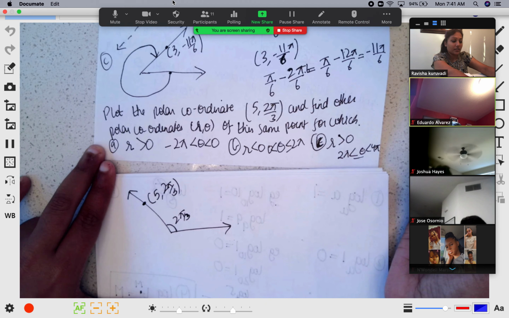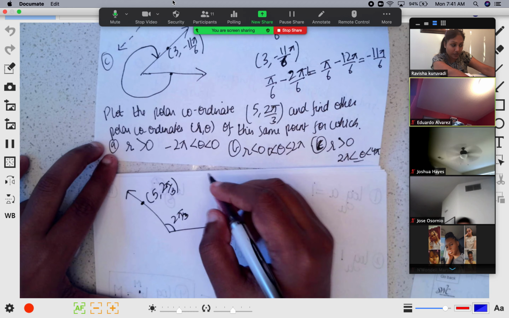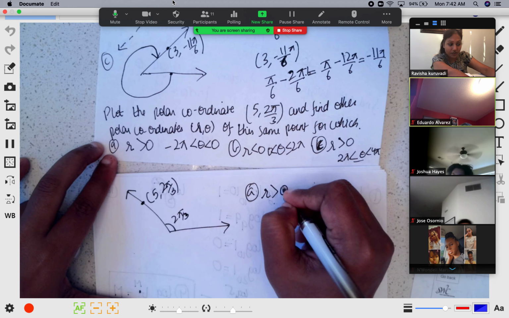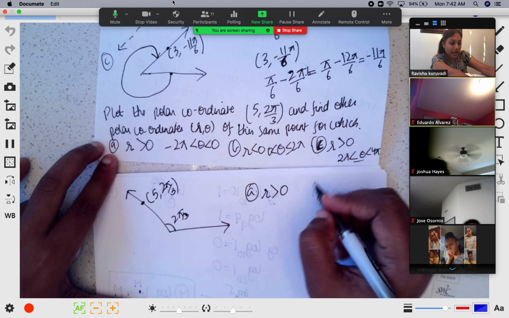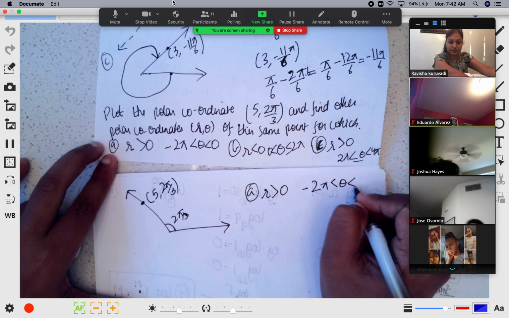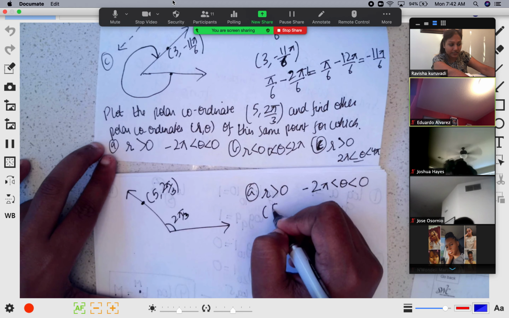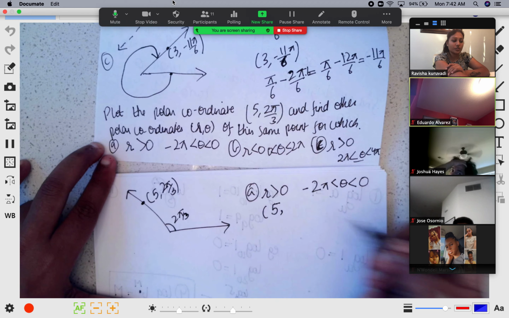Now my A part says R should be greater than 0, so R is my first coordinate, and my angle should be between negative 2 pi and 0. So R is 5, right? Yes, it will still remain 5.